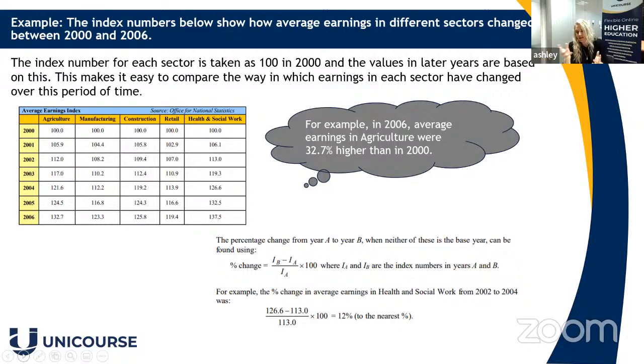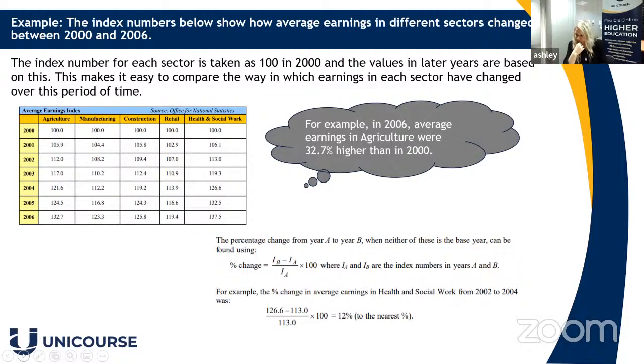And the values in the later years are based around this value, okay? So this is a simple way to compare the way in which earnings in each sector have changed over a period of time. And it's usual to use a table format, but you could then change this and use a different interpretation to present your data.